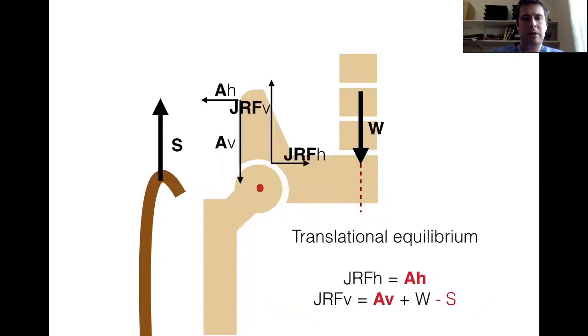Then we move on to look at translational equilibrium. We know that A has increased, and therefore AH, the horizontal component of the abductor muscle force, has also increased. And we know that the vertical component of the abductor muscle force has also increased. So although we have added in an upward directed force S into the system, it's not had as beneficial an effect as having the stick in the contralateral hand.